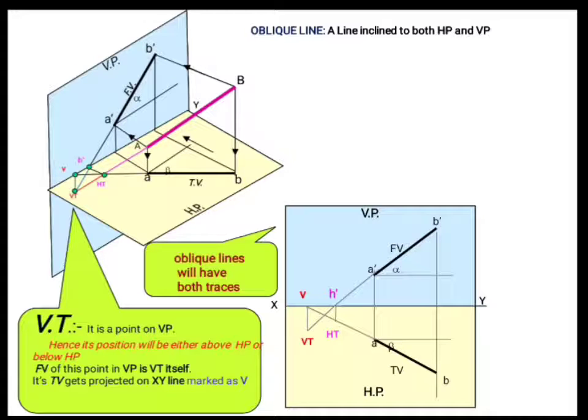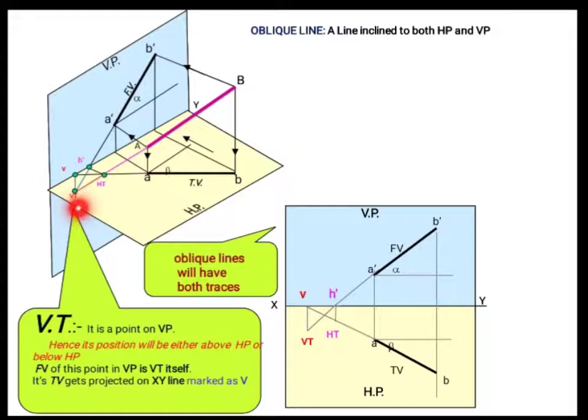Here we can note down some points. Vertical trace is a point on the vertical plane. Hence, its position will be either above the horizontal plane or below the horizontal plane. An observer looking from the front side of the vertical plane can see the vertical trace as such.